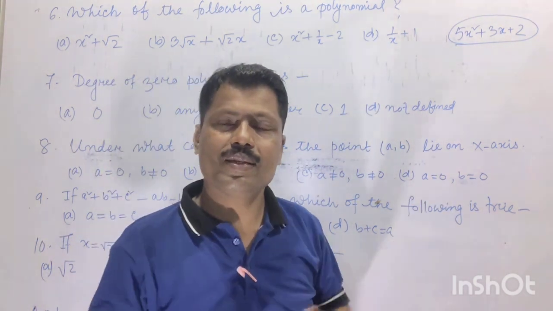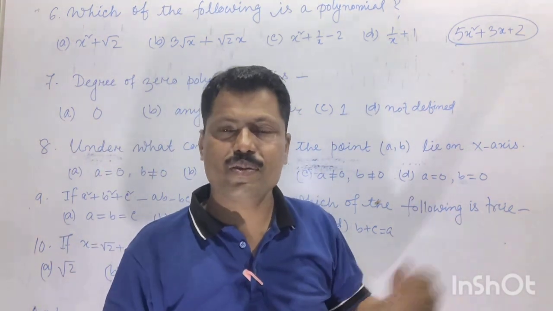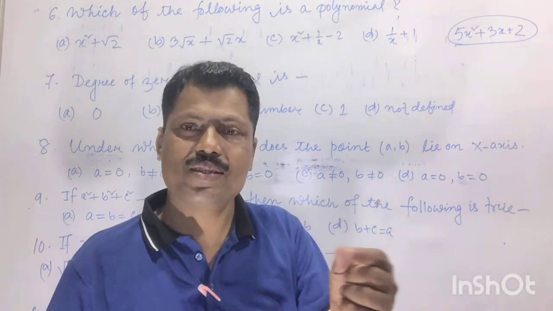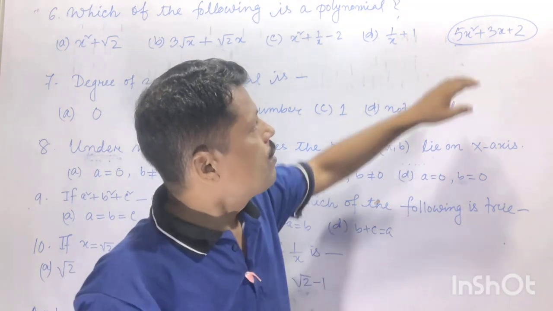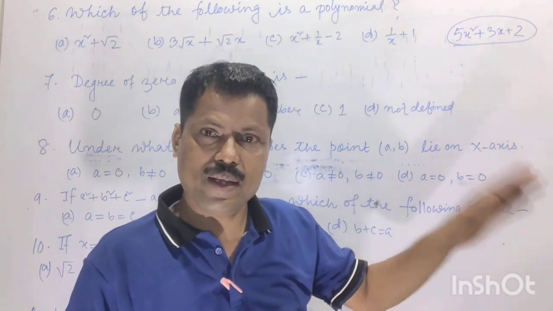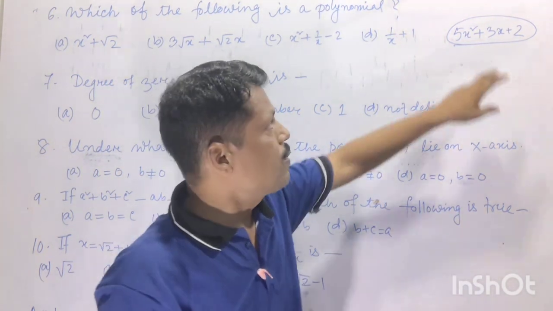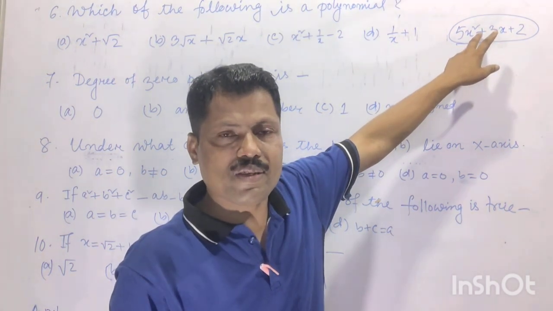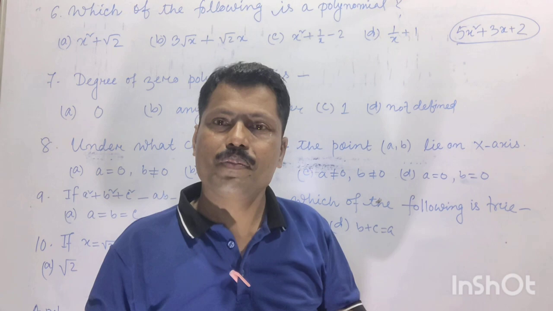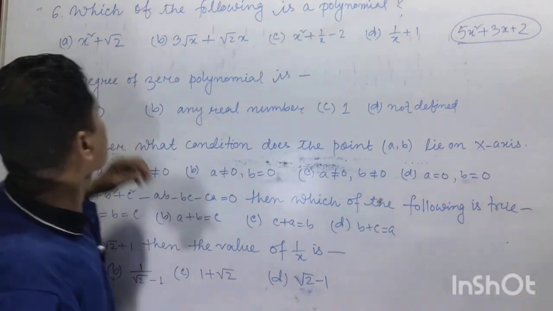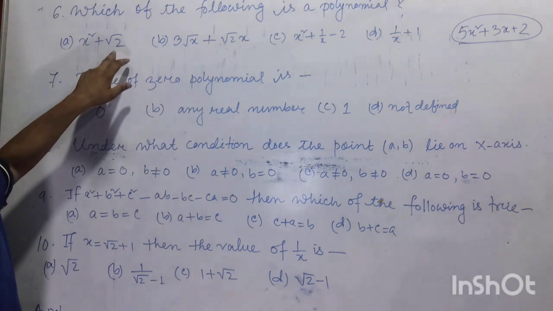So a polynomial is a mathematical expression consisting of variables, coefficients, and non-negative integer exponents. Power should always be non-negative, that means a positive integer, and it should not be a fractional power. Let us see here x square plus root 2.